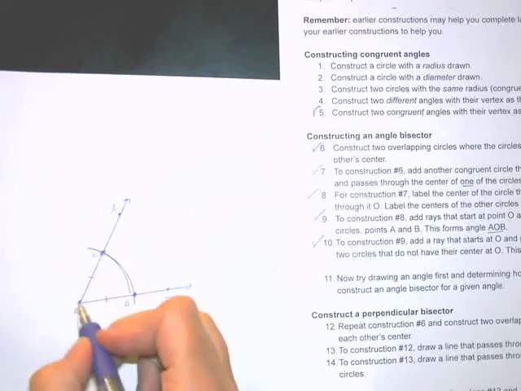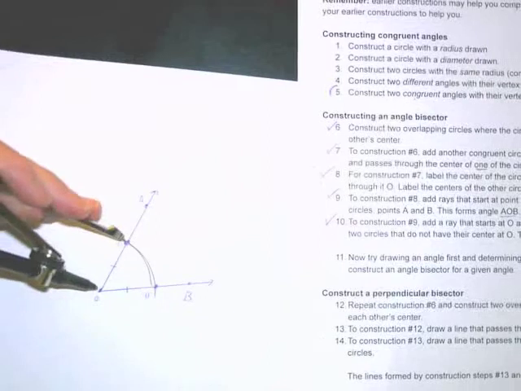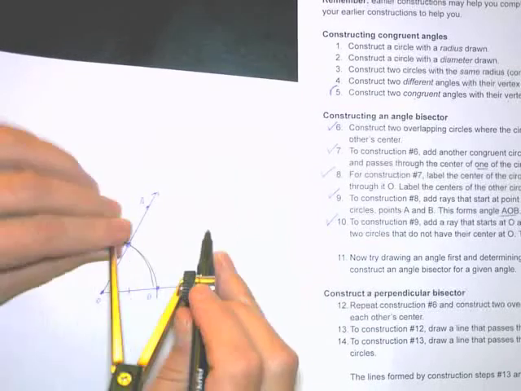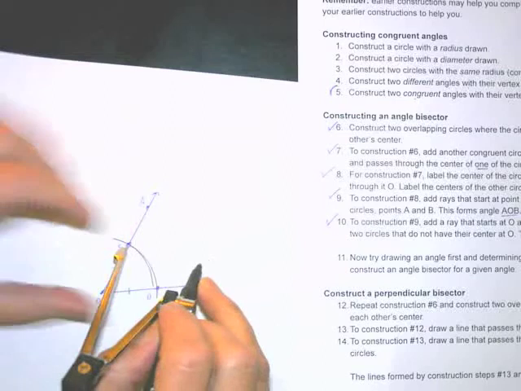It's a circle centered at point O that has a radius of whatever I open my compass up to. And again, I don't need to know what that radius is in particular. The next thing I find helpful is to open my compass up just a little bit more. Now I'm going to center it at one of those 2 points.